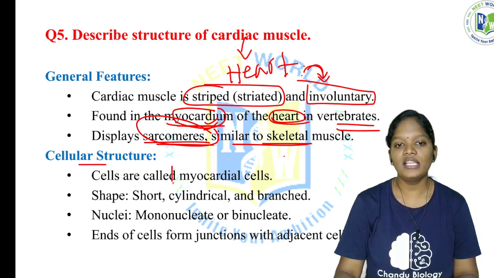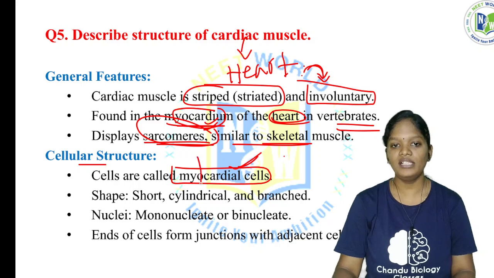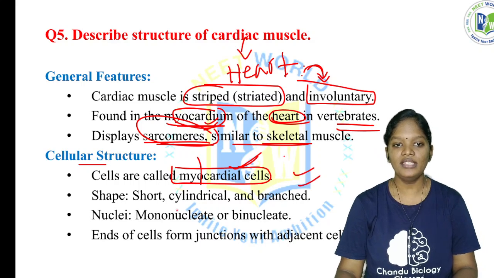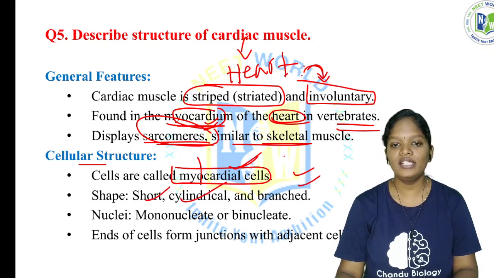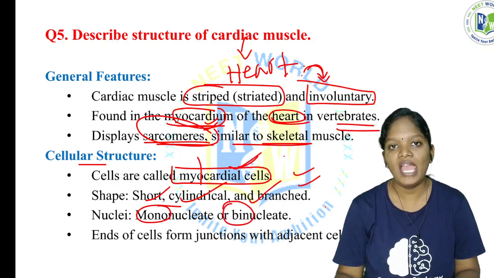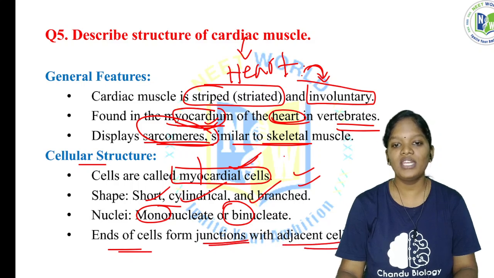The cells are called myocardial cells, as myocardium means cardiac muscle, myocardial cells. They are short, cylindrical and branched. They are mononucleate or binucleate, whereas in skeletal muscle they are multinucleate. The ends of the cells form a junction with the adjacent cells.